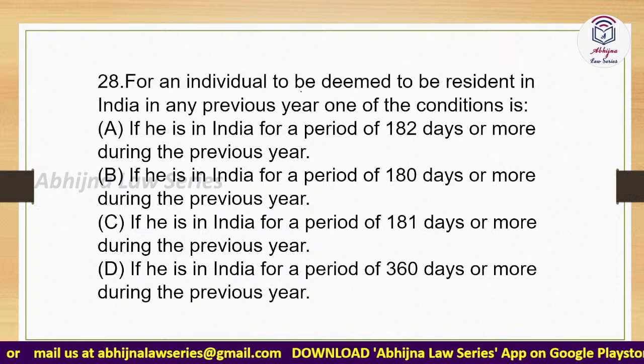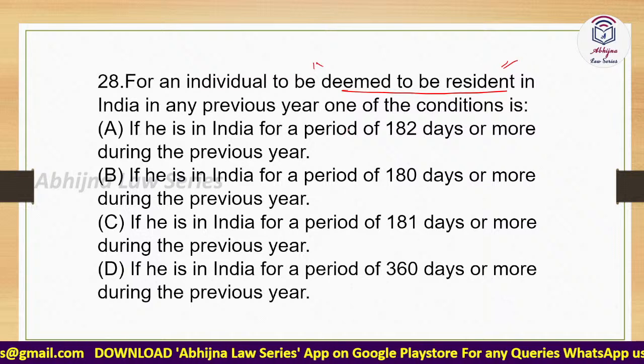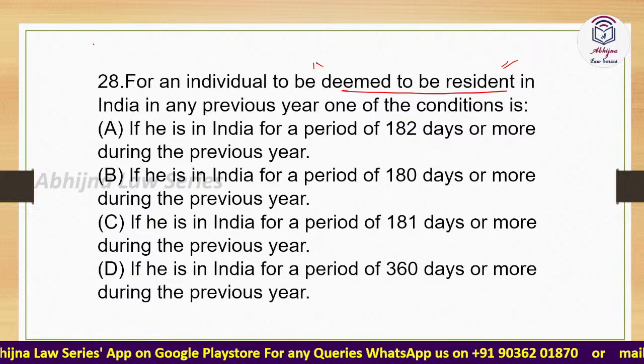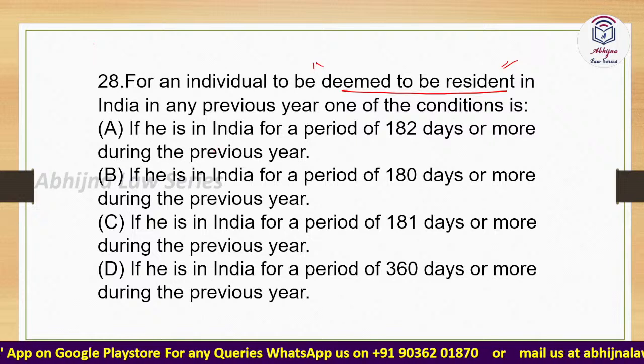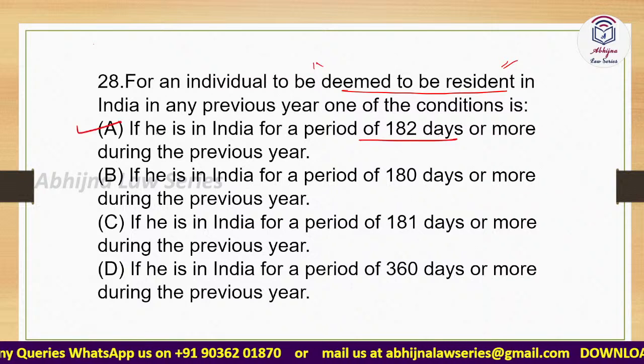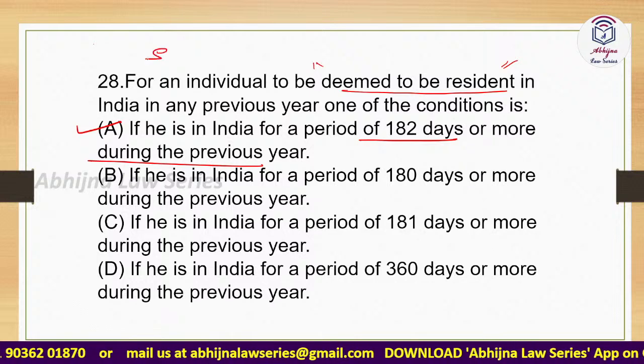Next question, for an individual to be deemed to be resident in India in any previous year, one of the conditions is, so if a person is said to be resident, then he should have resided in India at least for a period of 182 days in the previous year. This is as per section 6 of the Income Tax Act.